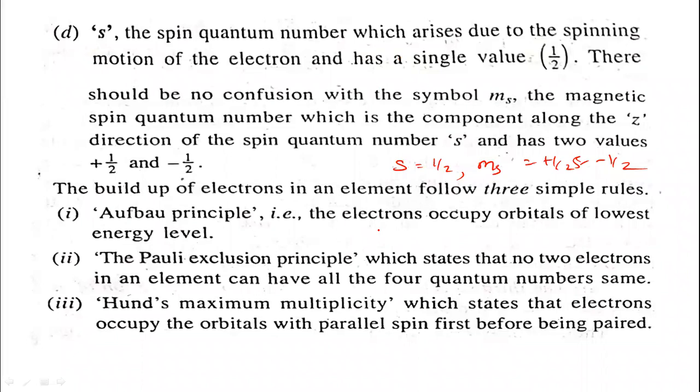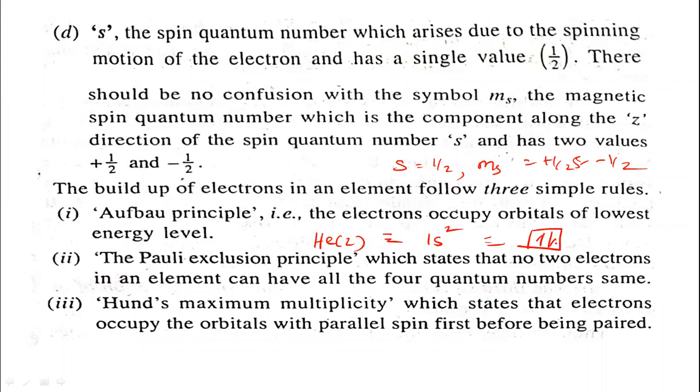For example, helium, atomic number 2, electronic configuration 1s2. Now we can write the electrons in this way, 1s2.